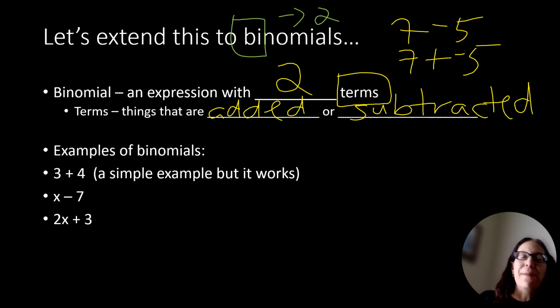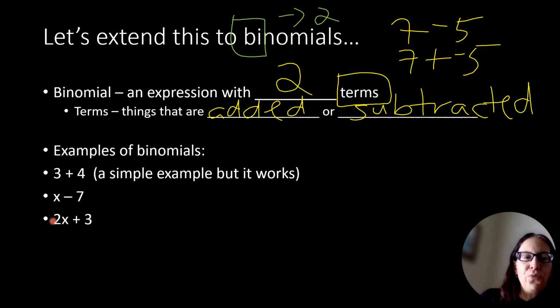Now, usually a binomial has a variable in it, and so we can't carry out the adding or subtracting, so x minus 7 would be an example of a binomial. Or you could have 2x plus 3, where the terms are 2x and 3. And you might be saying, but wait a minute, Miss Taylor, there's multiplying happening here. Aren't there factors? Here's what's happening.